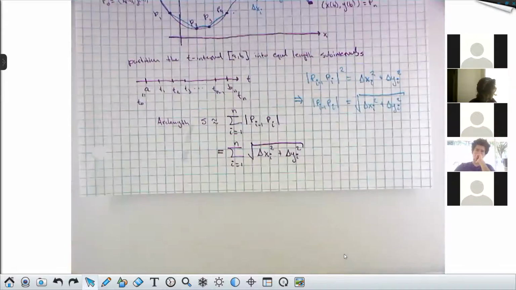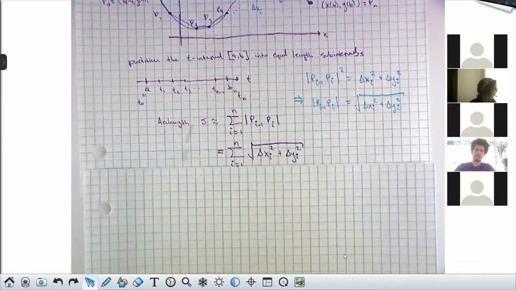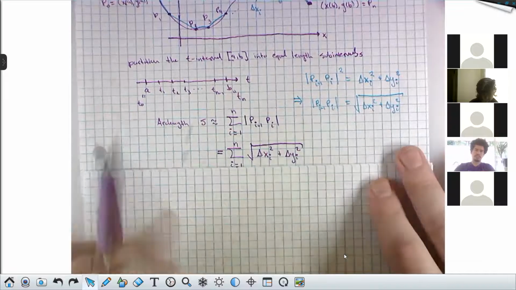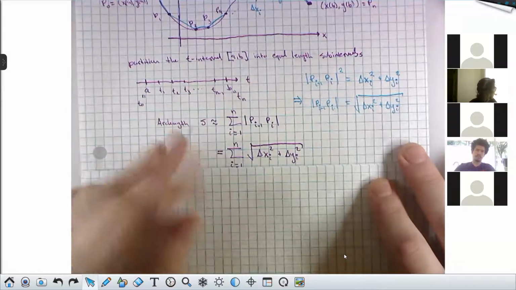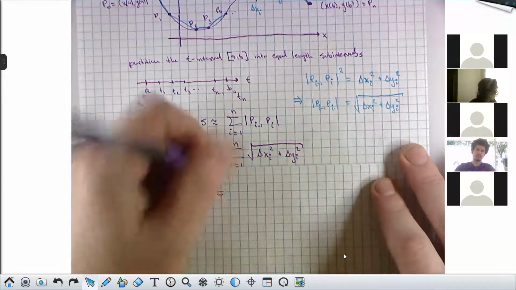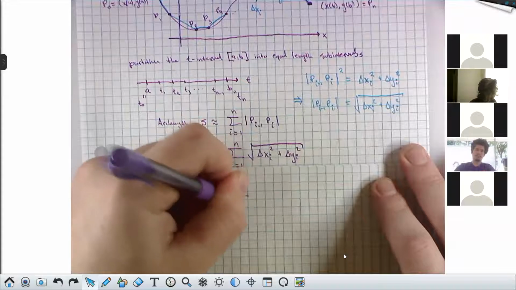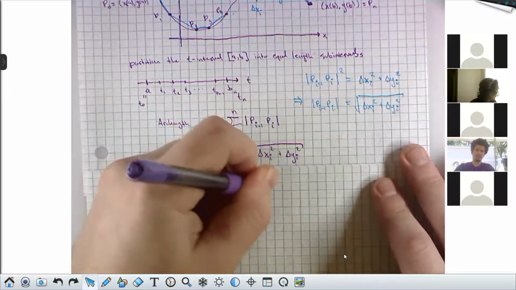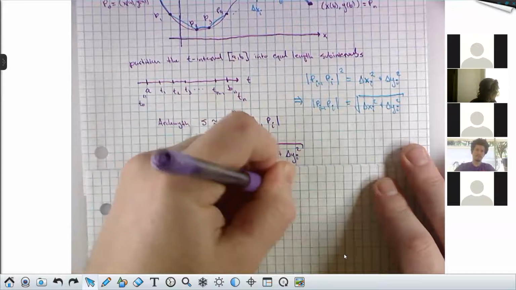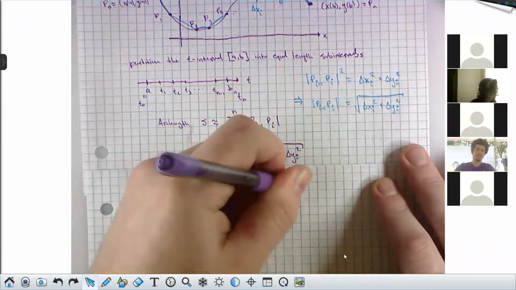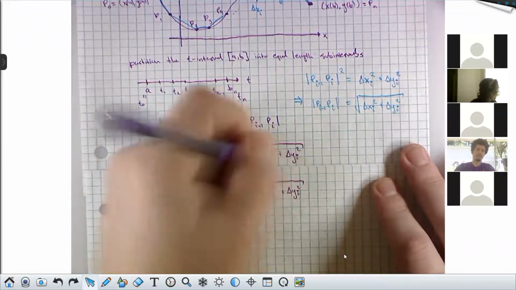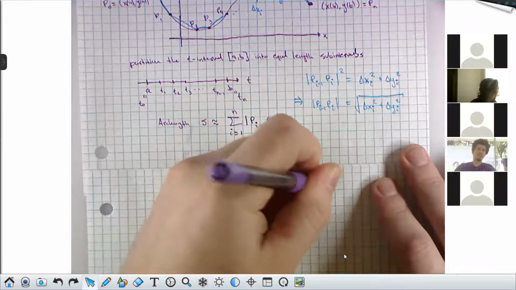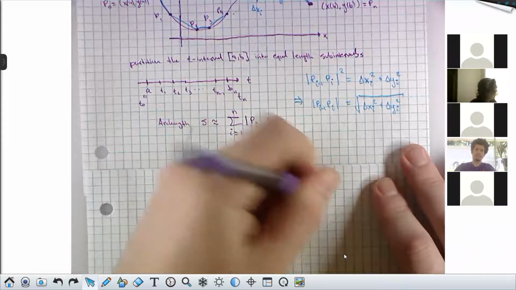So the next step is a slightly clever algebra move. I'm going to multiply by delta t over delta t. And I get the sum, i from 1 to n, of the square root of delta xi squared plus delta yi squared, times delta t over delta t.